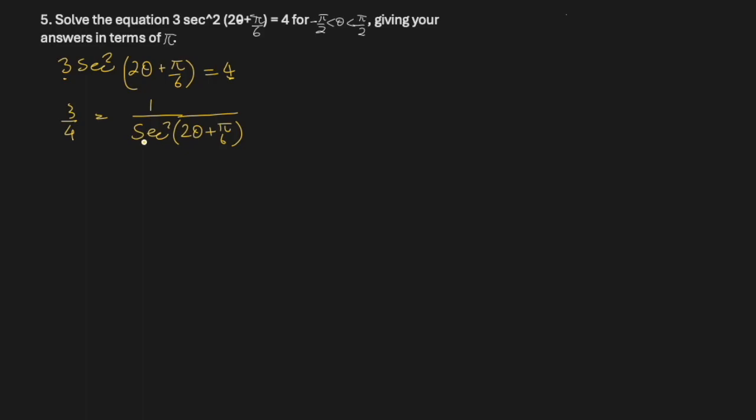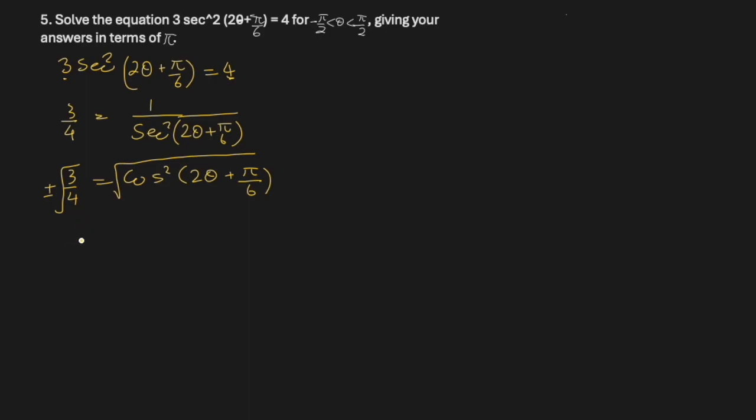Now secant is a reciprocal of cos, so I can write 3 over 4 equal to cos square 2 theta plus pi by 6. Okay. Now if I square root both sides, I'll get rid of the square here, and if I square root here, I have to write plus and minus. Both will be the square roots of 3 over 4.